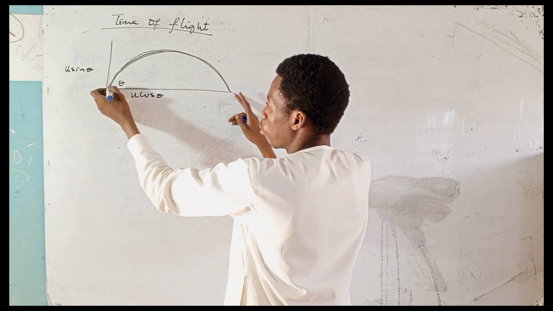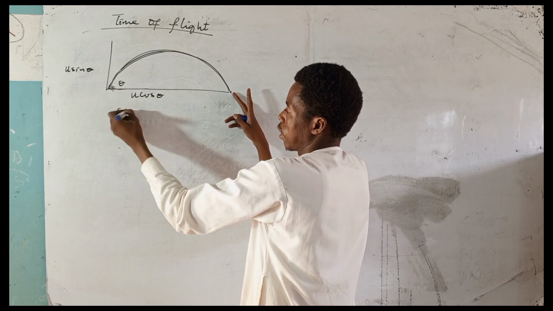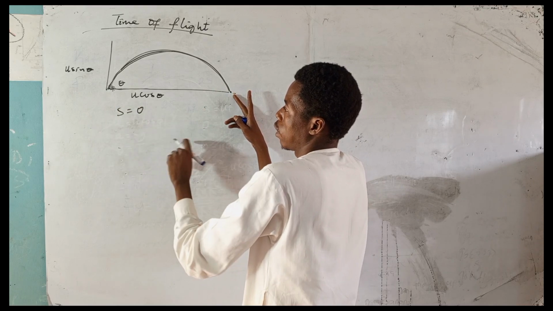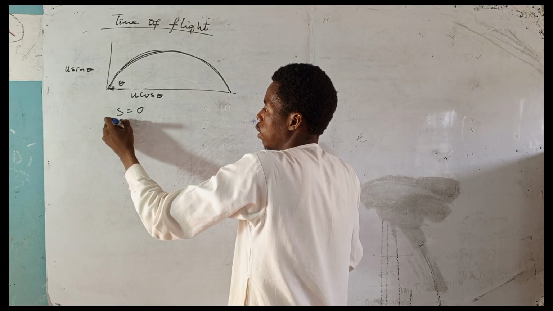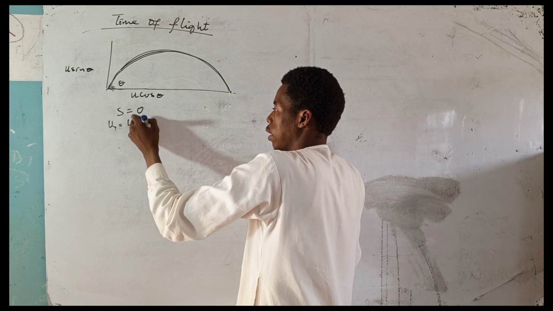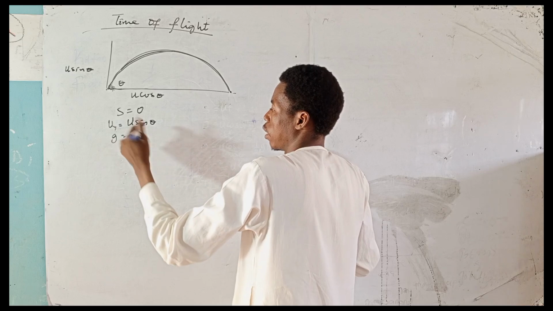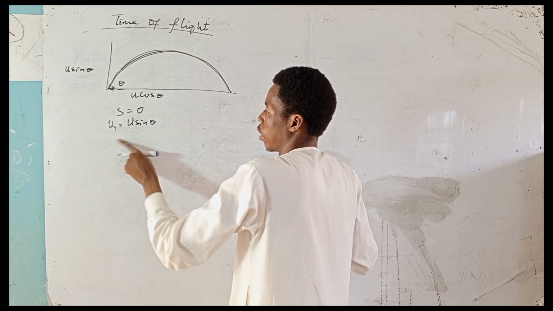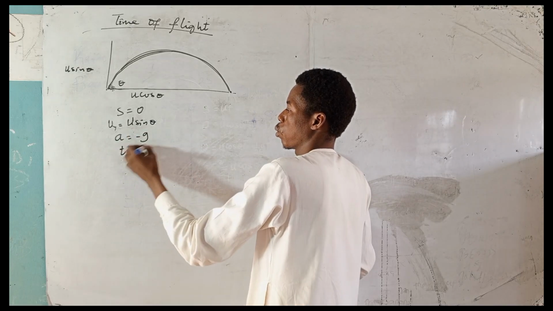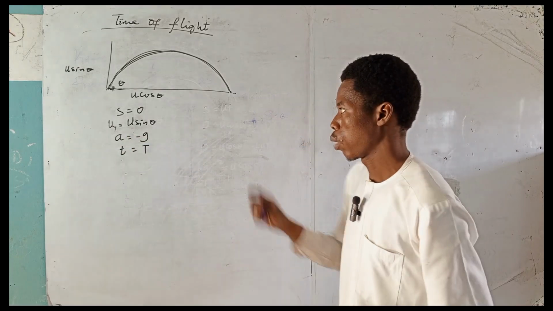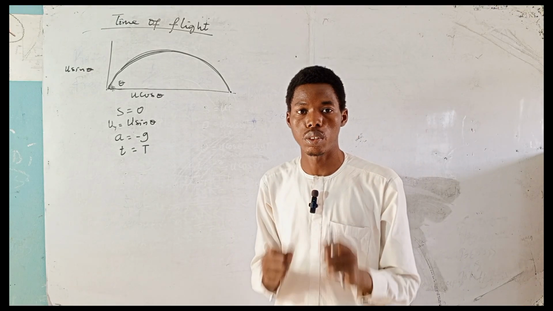Recall, at this level where the projectile is projected, s is 0 and the vertical component of initial velocity, u_y, equals u sine theta, and acceleration equals minus g, and then t equals capital T. We are going to use the equation of uniformly accelerated motion to derive this formula.